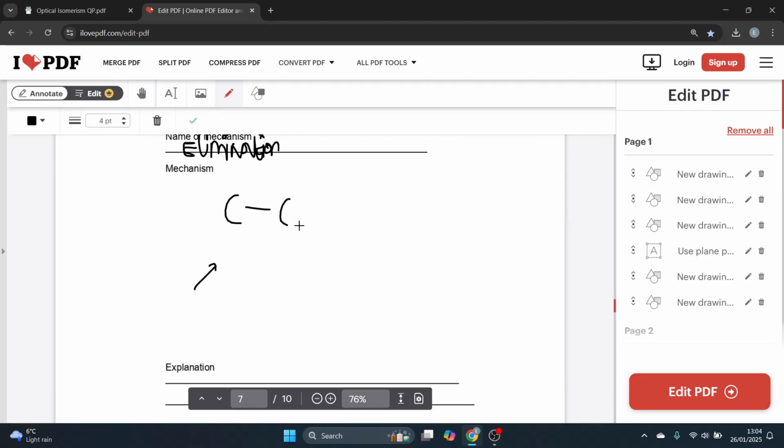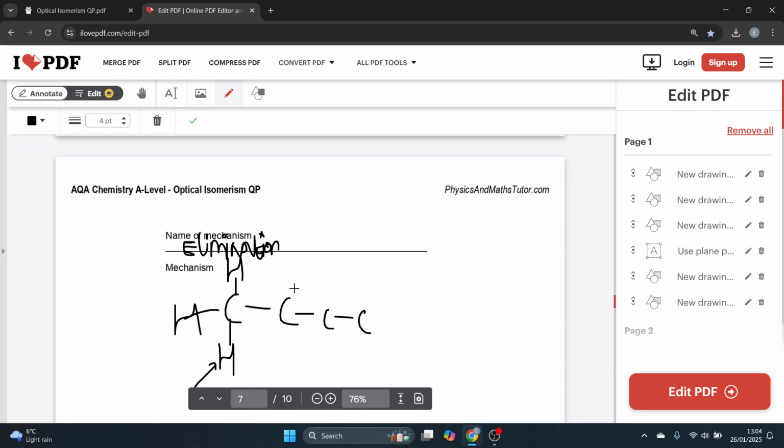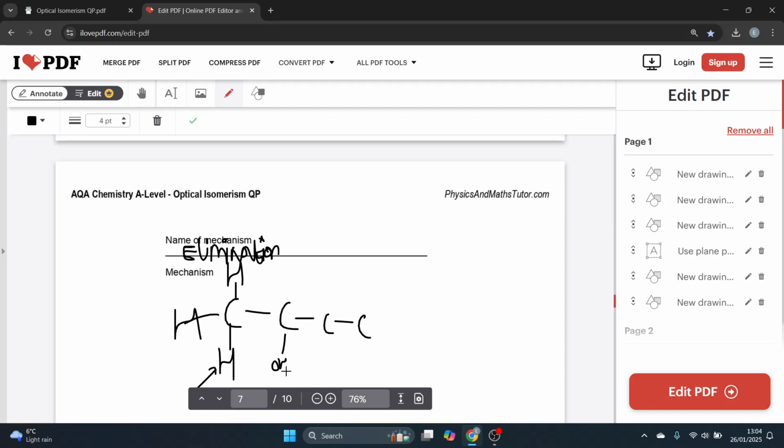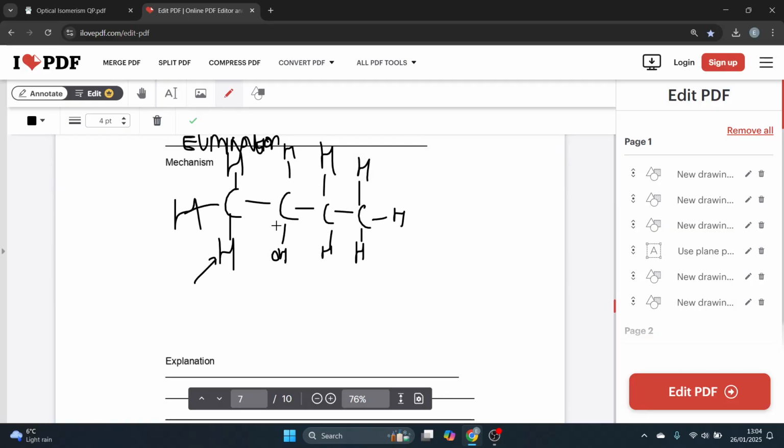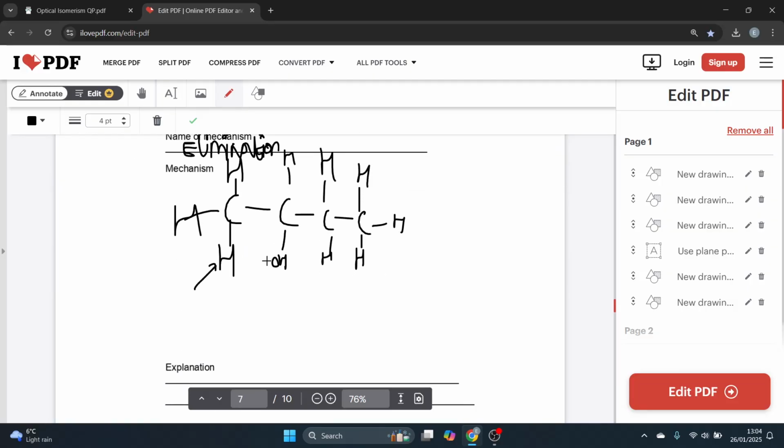So ethane, propane, butan-2-ol, the OH group is still going to be here, but in this case with concentrated sulfuric acid to form a mixture of three isomeric alkenes, what happens is the lone pair on the oxygen bonds to a H plus.